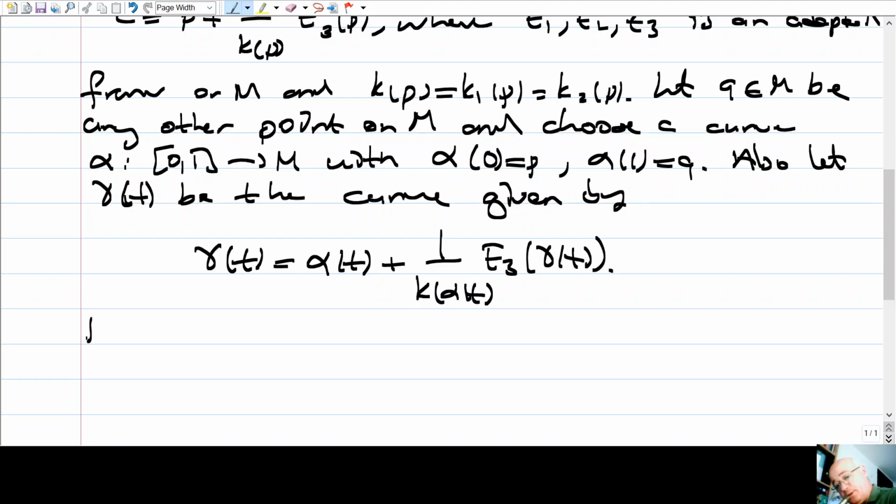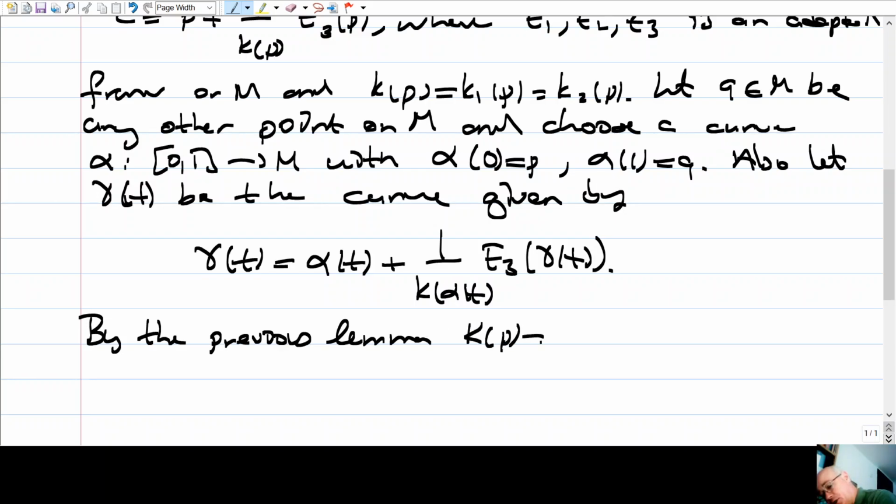Now by the previous lemma, Kp, which is K1p times K2p, the Gaussian curvature, which is equal to K squared p, is a constant function.